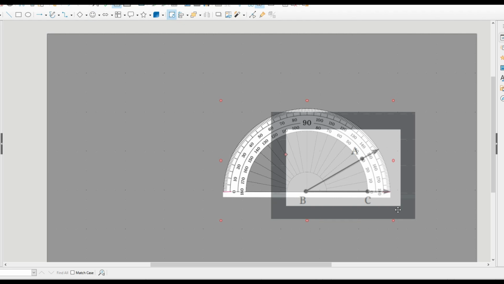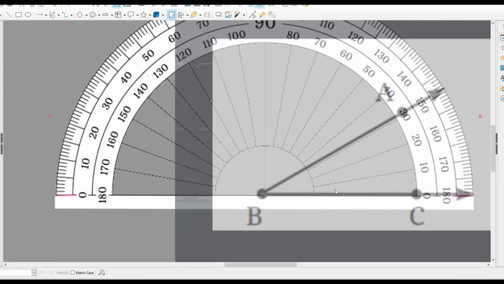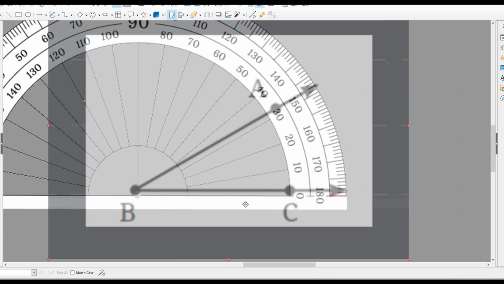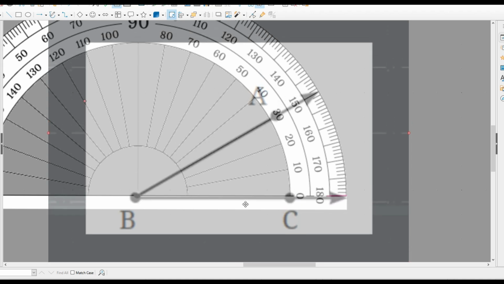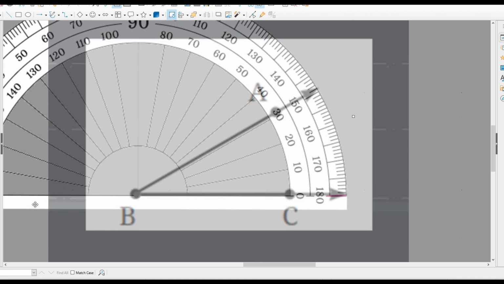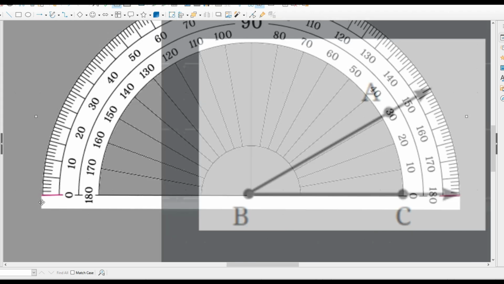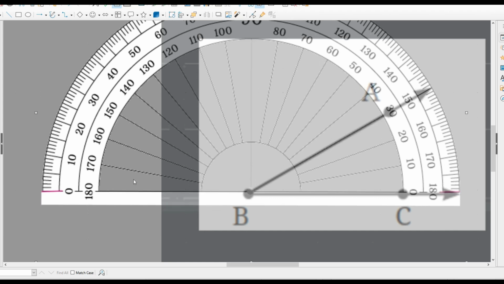I'm trying to do that. Not exactly the center though, in this case. So we just need to adjust this a bit. It's almost there. Not able to do it exactly.